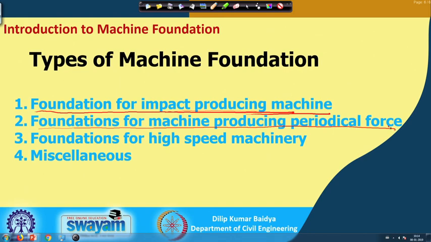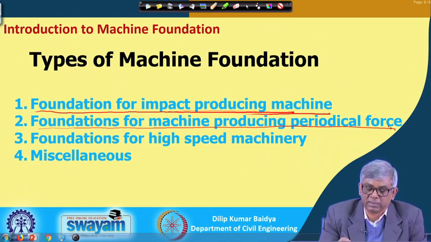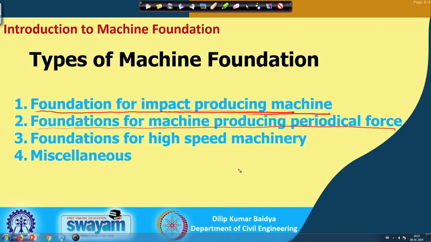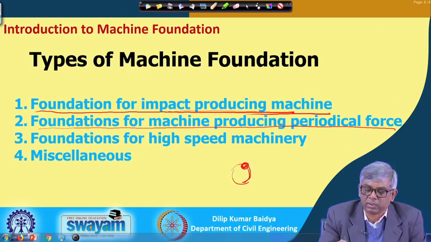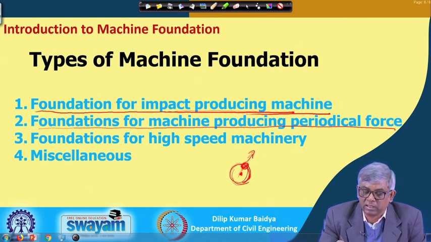Similarly, another is foundation for machine producing periodical forces. Periodical forces means, suppose the machine contains an eccentric rotating part, that I have told a number of times, that if the eccentric mass is rotating with respect to the center, because of the operational frequency, this force will be m into e into omega square. So, this is the force.